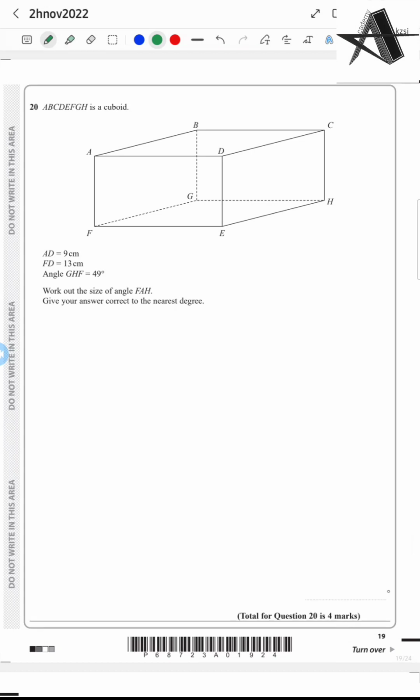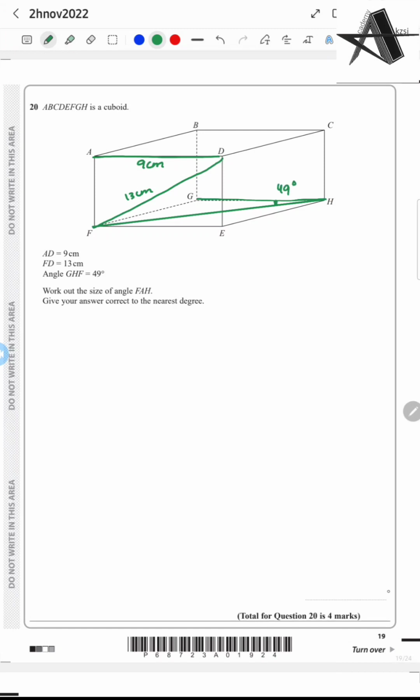A, B, C, D, E, F, G, H is a cuboid. AD is 9 centimeters. FD is 13 centimeters. Angle GHF, that means this angle they are saying, is given as 49 degrees.